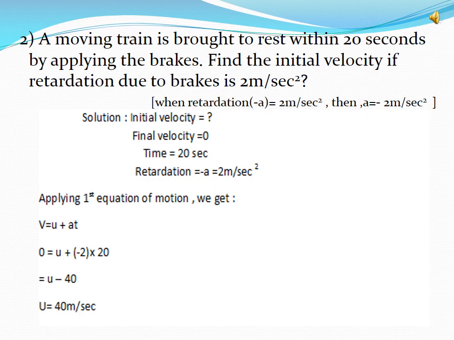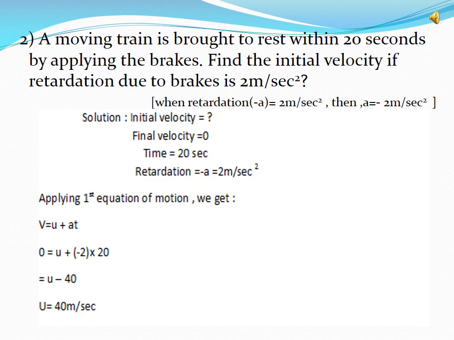Time t is equal to 20 seconds and retardation is equal to minus a is equal to 2 meter per second square. Here retardation, being the negative acceleration, is equal to 2 meter per second square. Then a is equal to minus 2 meter per second square.